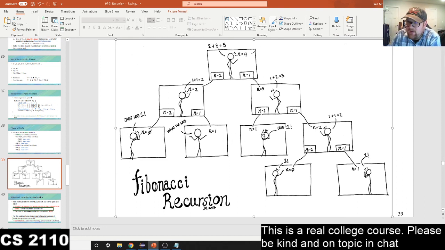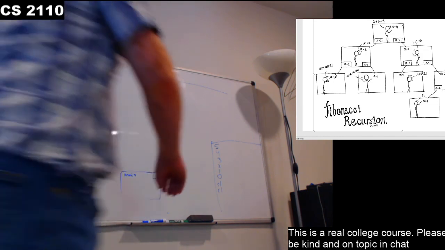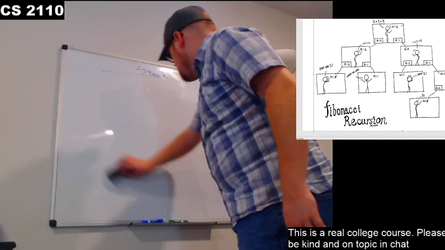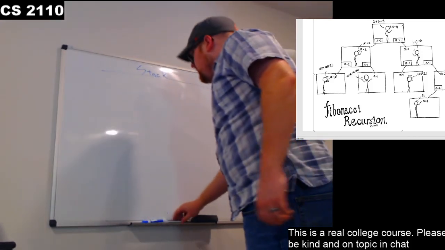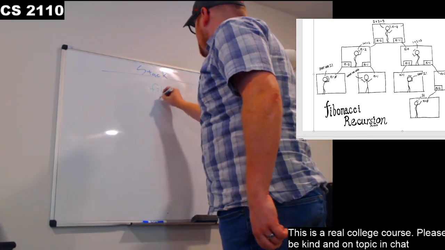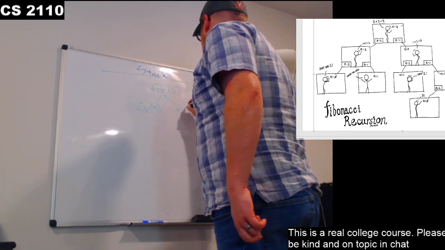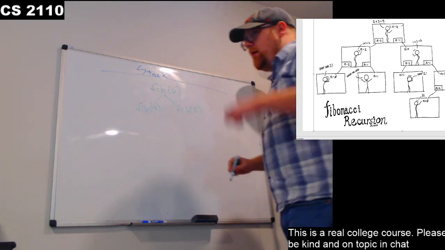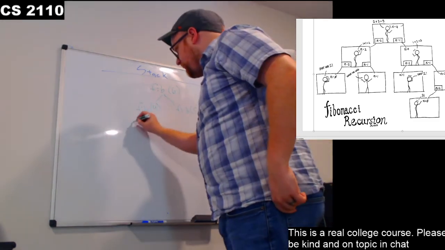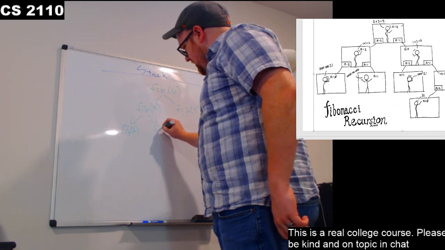Well, let's think of it in this way. Let's do Fibonacci of 6. I'm going to break Fibonacci of 6 down into Fib 4 and Fib 5. Fib 4 is broken down into Fib 2 and Fib 3.